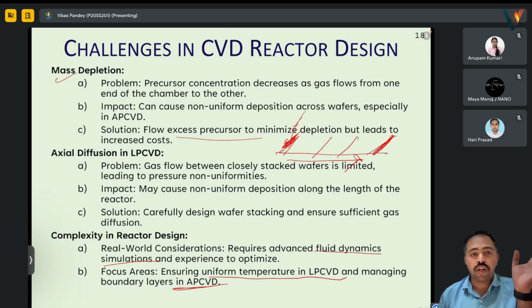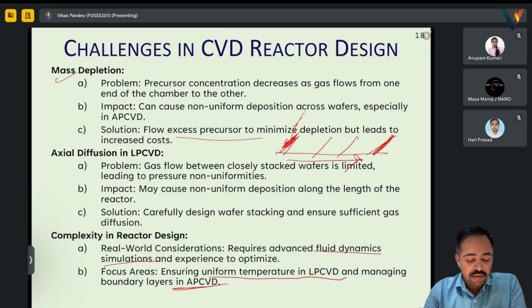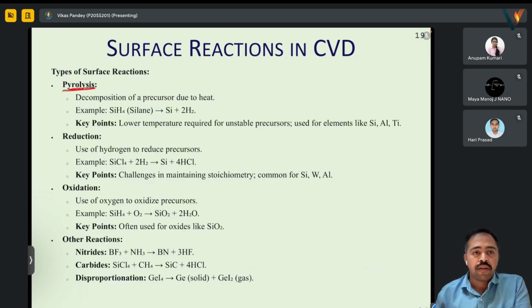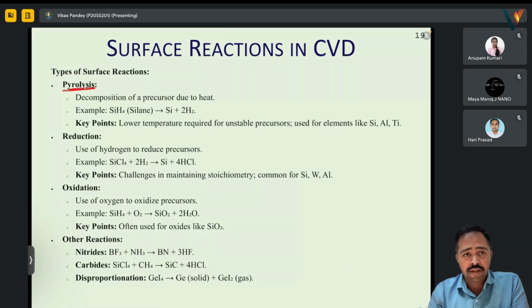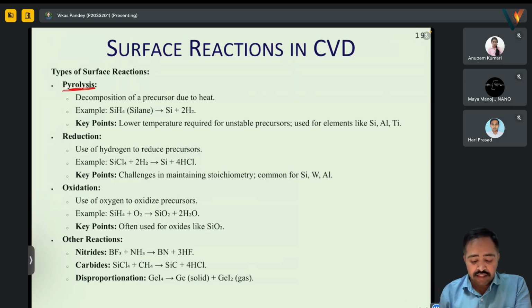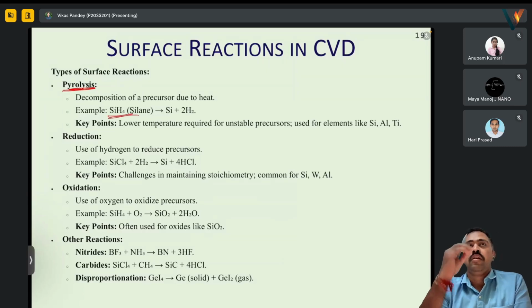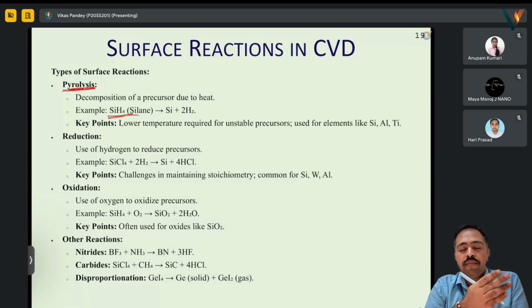Okay, so what are the surface reactions that occur in case of CVD? There are some common types of surface reaction that occur in CVD. One common thing is pyrolysis, that is the decomposition of precursor due to the heat. Like in case of silane, this is a common precursor used to deposit silicon, and it is poisonous, so it has to be handled with care.